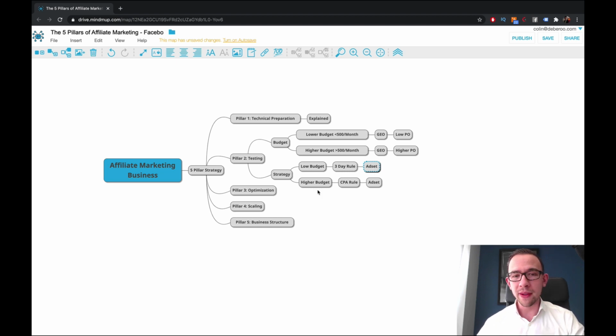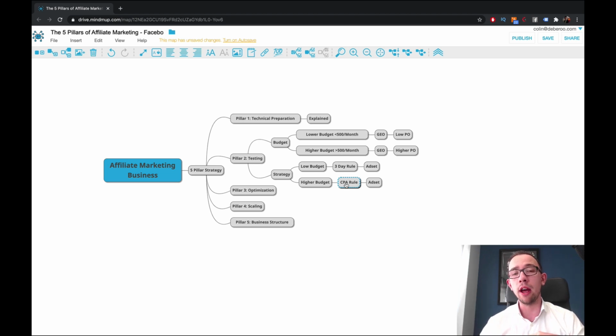Yes. Then, in addition, we have a higher budget, which uses a CPA rule, which means CPA, in our scenario, the cost per acquisition should be relative to the payout one-on-one. In that scenario, if the cost is what we get in revenue, it's a break-even scenario. Therefore, we say an ad set needs to do at least break-even up to a certain amount of spend, and you can set the spend yourself.